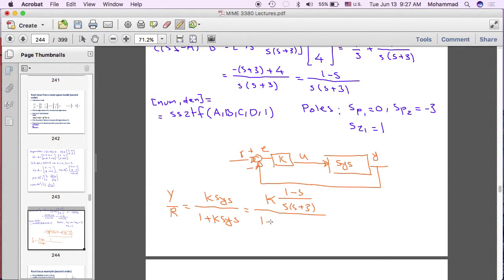Both the numerator as well as the denominator will have that. So s times s plus 3 becomes the common denominator, which helps us simplify this transfer function to k times 1 minus s in the numerator. And in the denominator, we'll have s times s plus 3 plus k times 1 minus s.